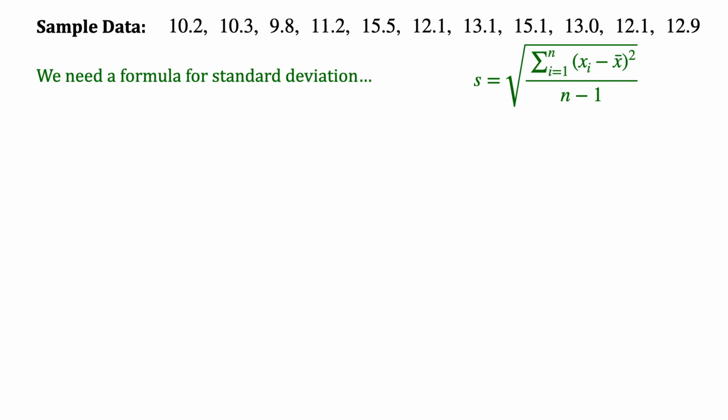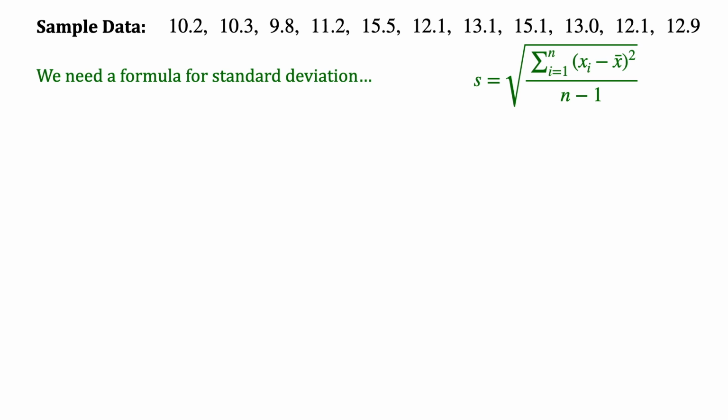So we have here that S, the sample standard deviation, is going to be equal to the square root of the sum of all the square differences divided by n minus 1. Now that sounds like a mouthful, and it is, but we can break this down into some smaller parts so that we make sure we don't miss any steps or mess up the answer.